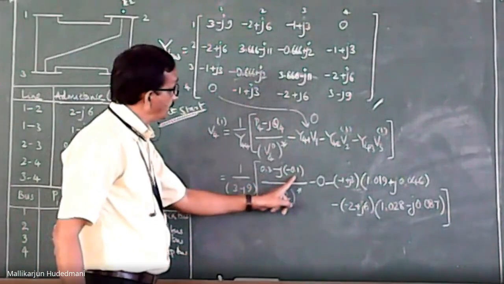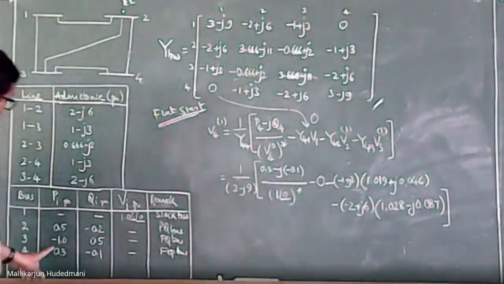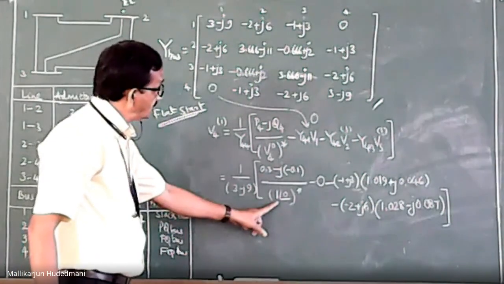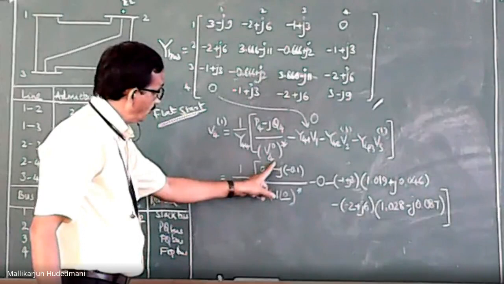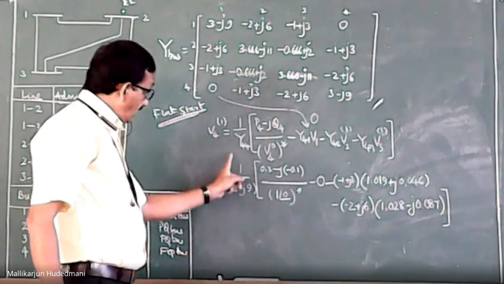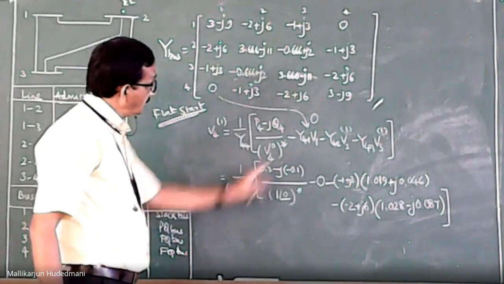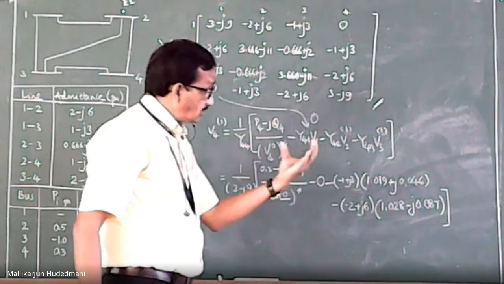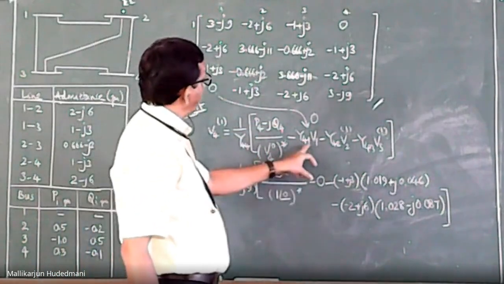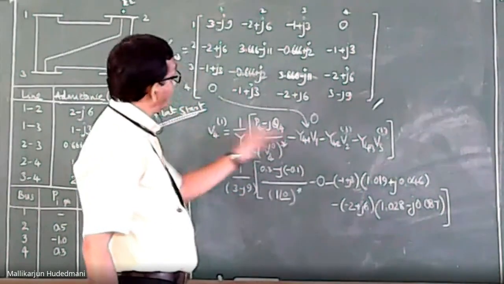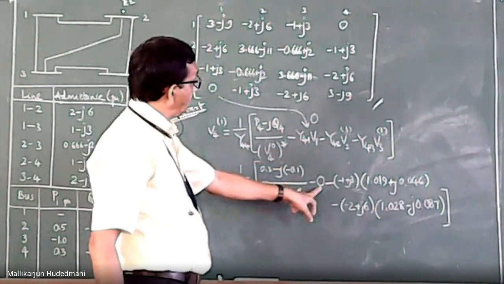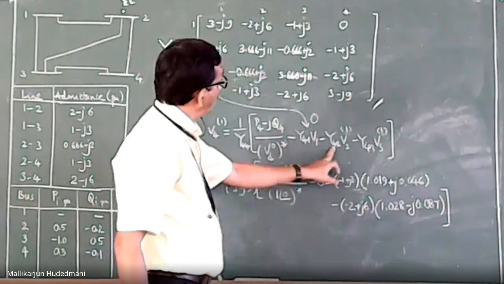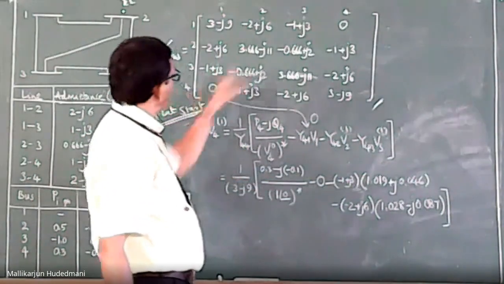P4 minus jQ4 from the table of given information, divided by the first initial estimate of variable 4. Outside the bracket I have 1 by Y44, which is from the Y bus. Next, the split terms I have to write come from connectivity. 4 to 1, is there any connectivity? No connectivity. 4 to 2, yes, we have Y42 from the Y bus matrix.